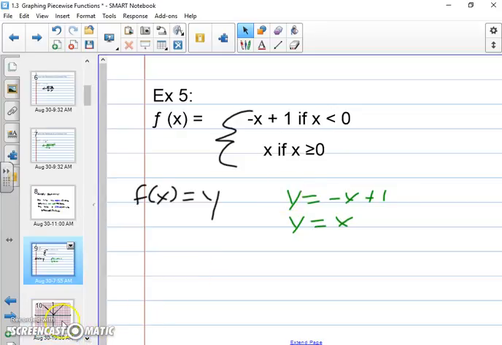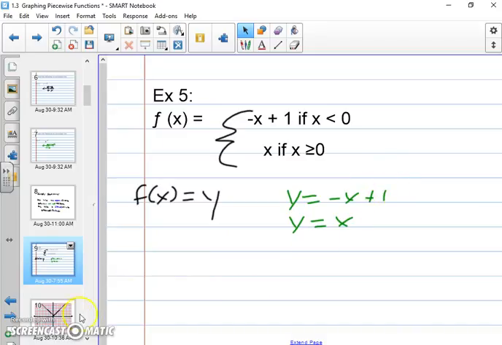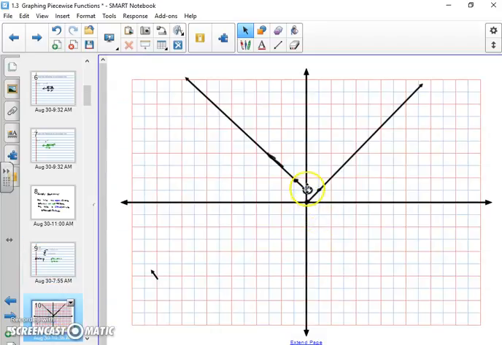So if we jump into the next one, where the actual graph appears. The first one was -x plus 1, and we had x is less than 0 as our rule. If we were to graph, 0, 1 is our y-intercept. From our y-intercept, we go up 1 to here.